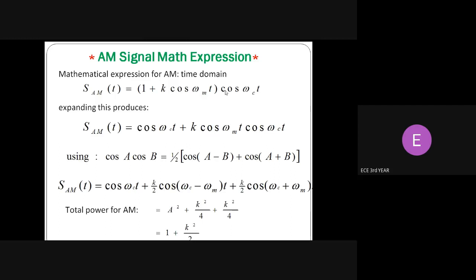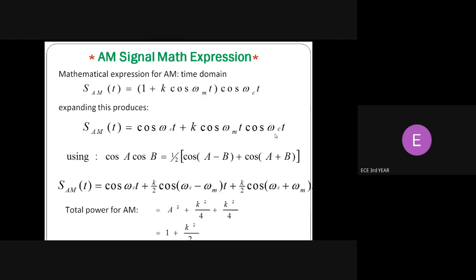Here we have two things: cos omega ct and cos omega mt. This can be shrunk using trigonometric expansion equations. There are many trigonometric expansion equations, and here we can convert the product of cosines into other terms. Cos A cos B has an expansion, indicated here: cos A cos B equals 1 by 2 of cos(A minus B) plus cos(A plus B).